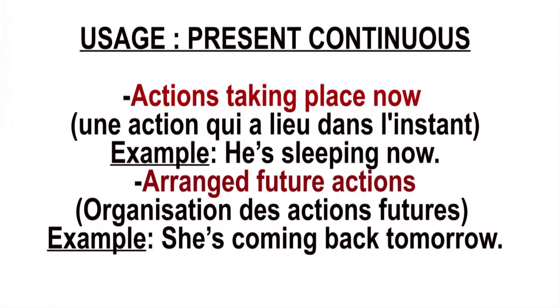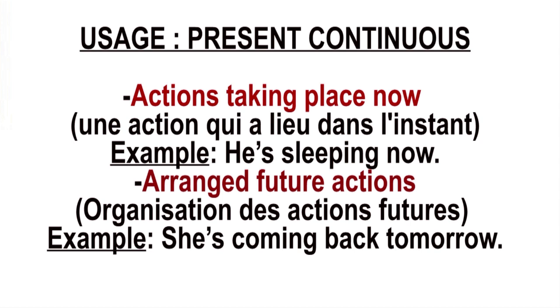Now, when do we use the present continuous? We use the present continuous for actions taking place now. For example, I am teaching English. Or maybe this guy is sleeping now.